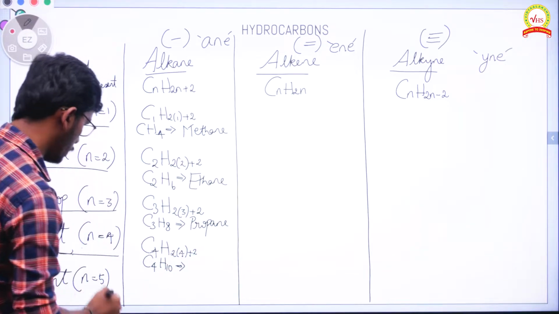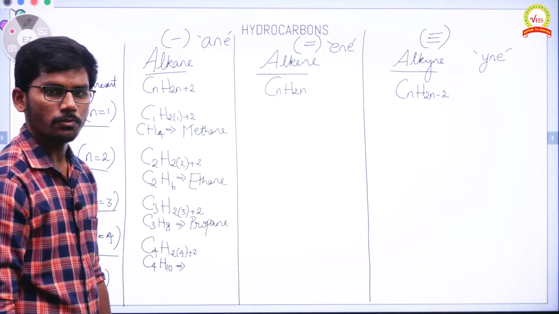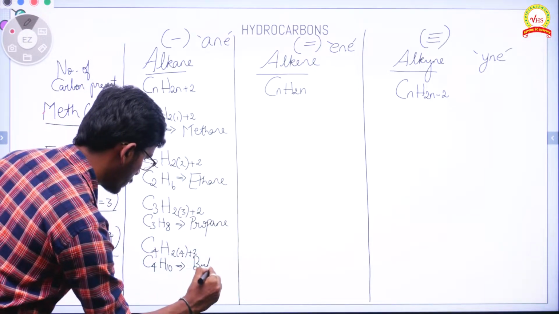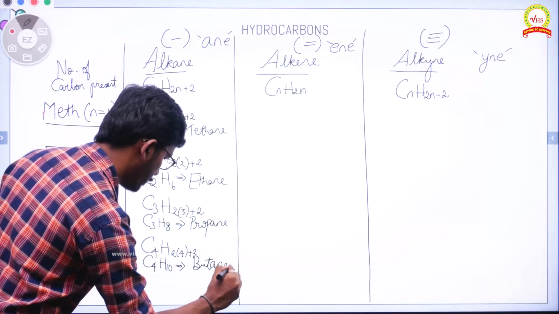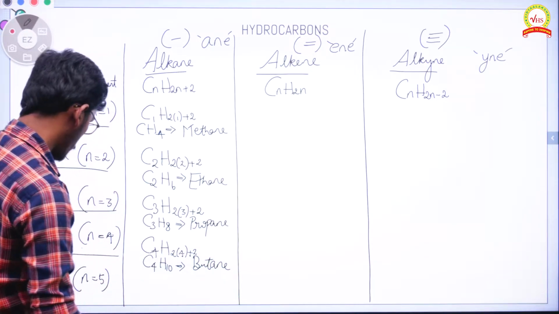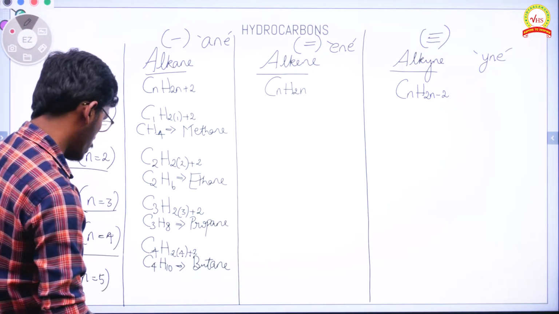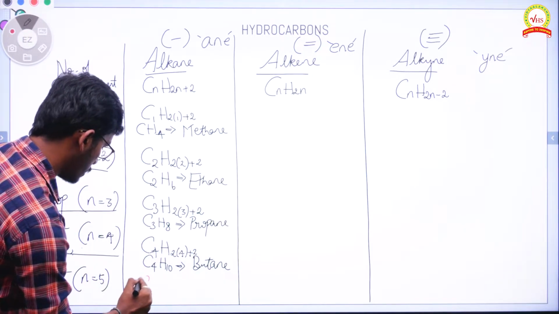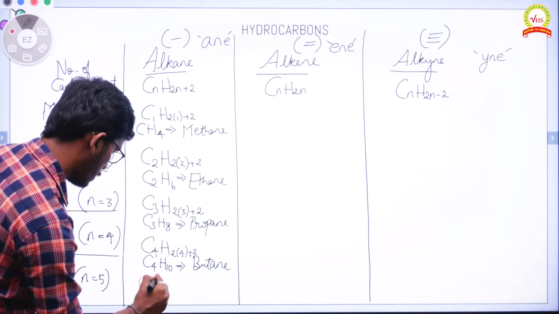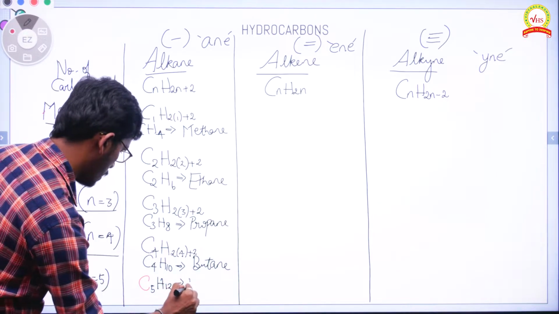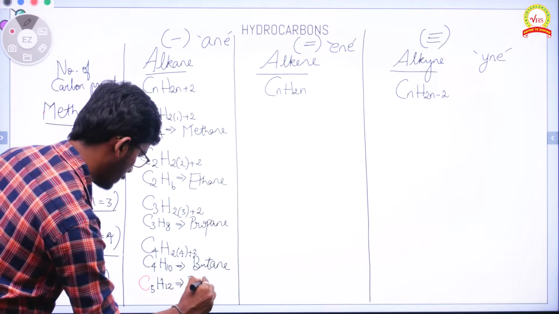The name is going to be, prefix is but and suffix is ane. So together we are going to call it butane. Right. So in the same way for the pent, 5 carbon atoms present in a compound, directly I will just write it, C5H12 and the name is going to be pentane.